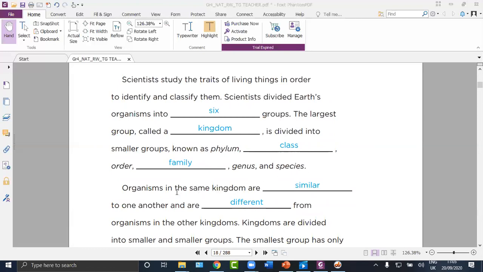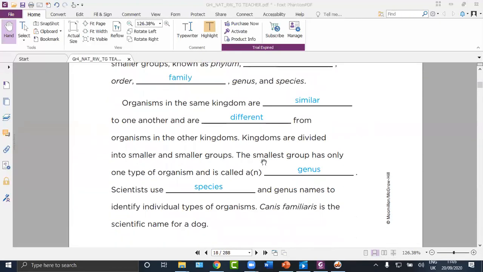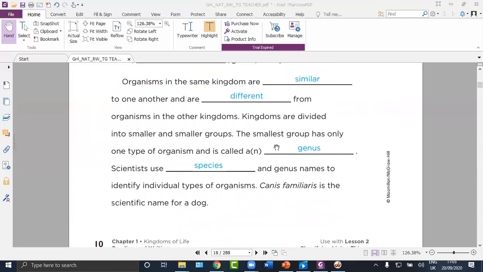Organisms in the same kingdom are similar to one another and are different from organisms in the other kingdoms.